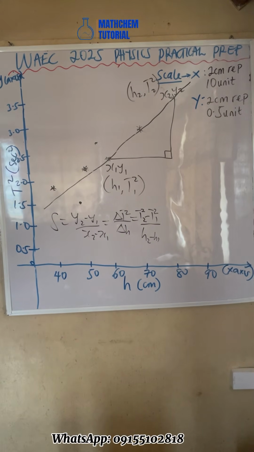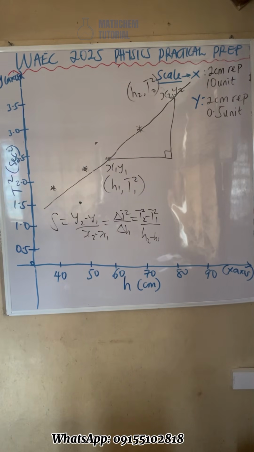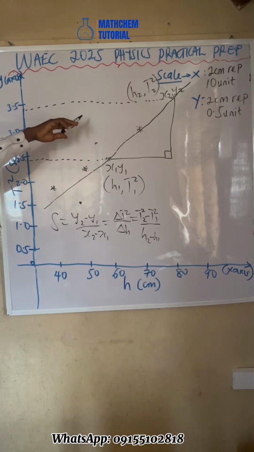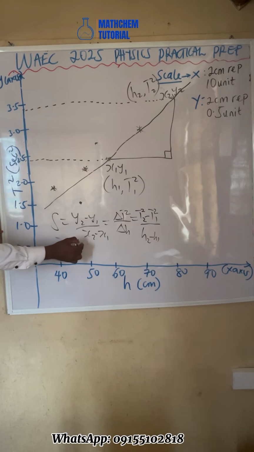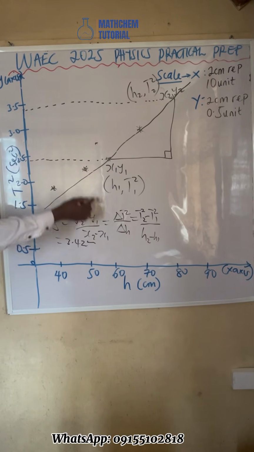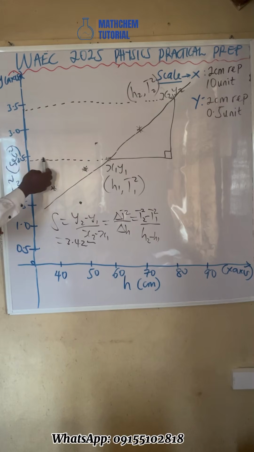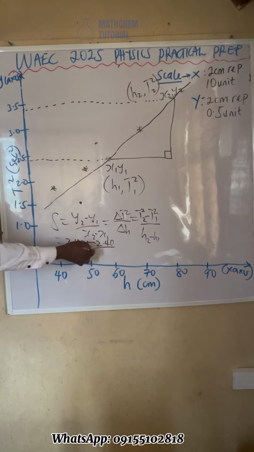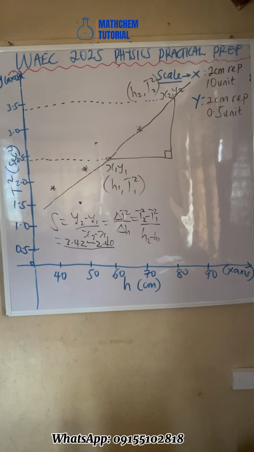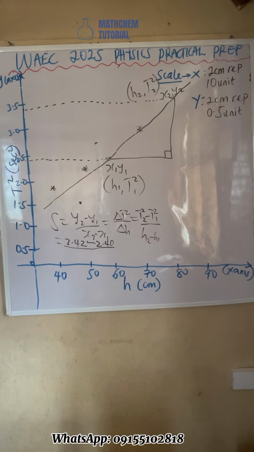Now, what is our t squared 2? Let me identify it from this graph. For t2 square, that's the upper one. So that is 3.42 minus our t1 square, which is this one here, 2.40, all over. Now let me also spot our h as well.